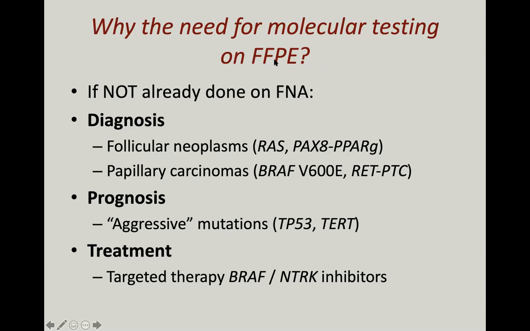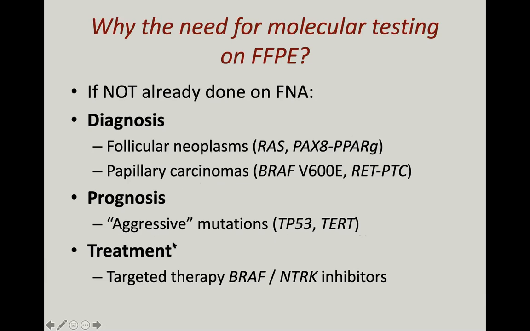Sometimes, if molecular testing has not been done on FNA and there is not a clear diagnosis on the final resection specimen, we sometimes do perform molecular testing on the resection specimens to aid in diagnosis along this BRAF and RAS-like spectrum. Sometimes it is for prognosis: if we see something that looks potentially aggressive, we may search for these aggressive types of mutations in order to prompt further treatment for the patient.